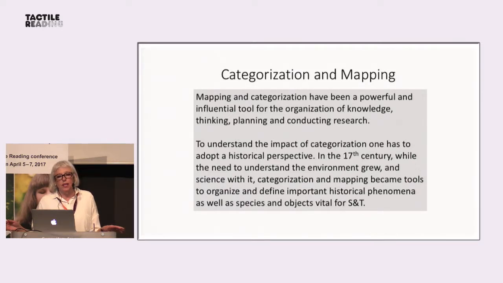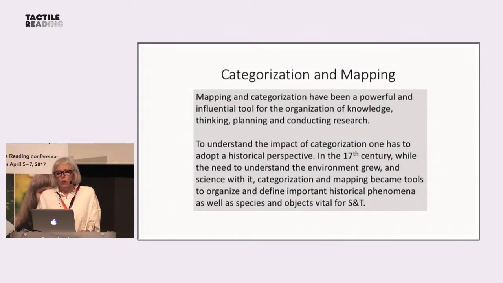In the 16th century, while the need to understand the environment grew and the science with it, categorization and mapping became tools to organize and define important historical phenomena as well as species and objects vital for science and technology.